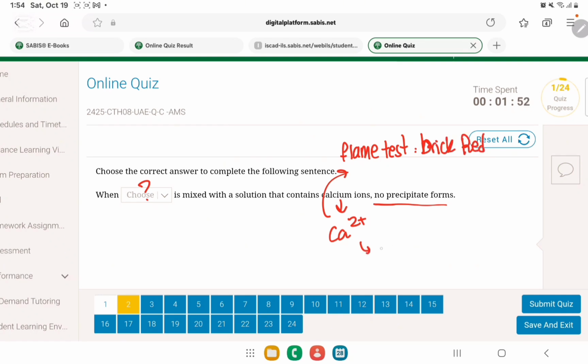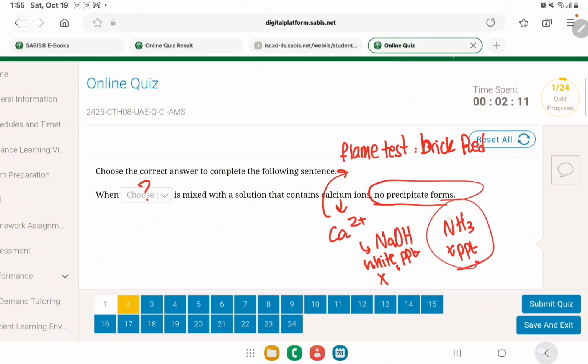Or when we add NaOH, we get a white precipitate that does not dissolve in excess, and with NH3, no precipitate forms. So out of all of this information, which one lines up with the information that they gave us? This one. So NH3 is the answer.